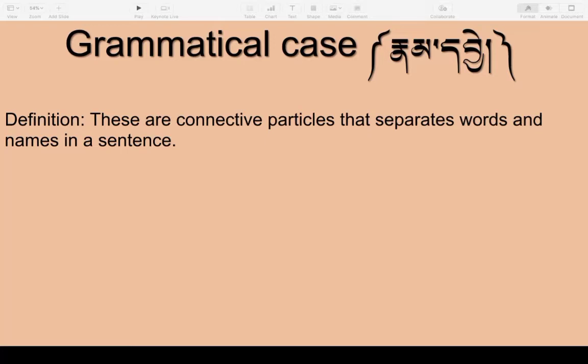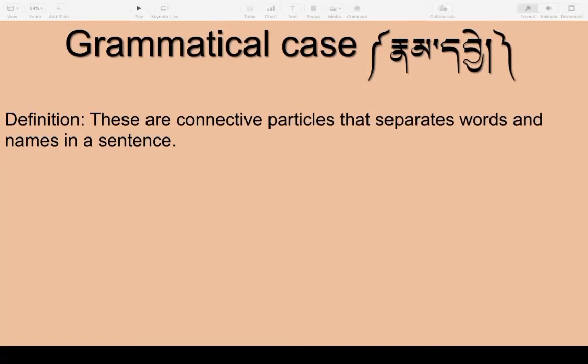I will be clarifying this again and again with each of the particles. So every sentence in Tibetan has a name, a word, and a connective particle. If we are able to differentiate those, then the syntax or the structure of making sentences in Tibetan becomes so much easier. So grammatical cases are connective particles. These are one of the connective particles.